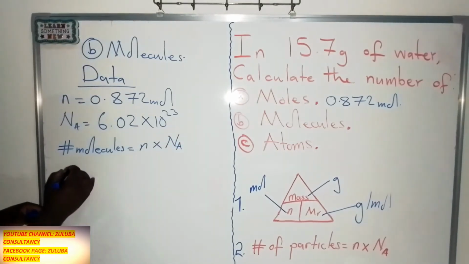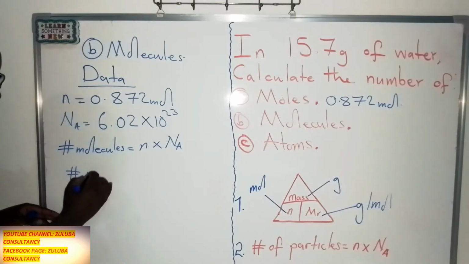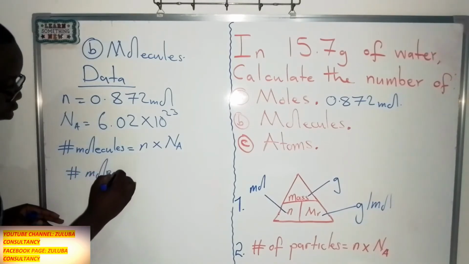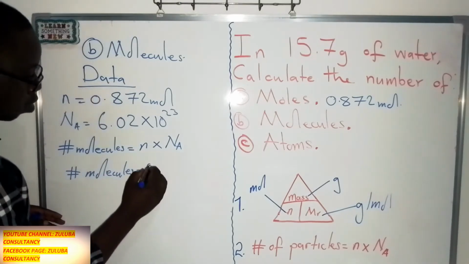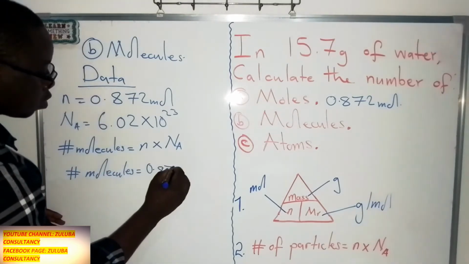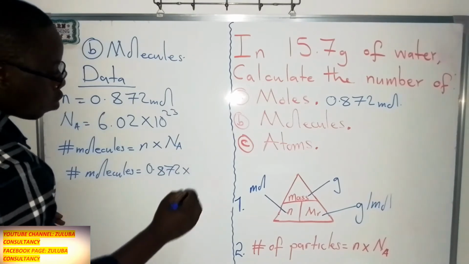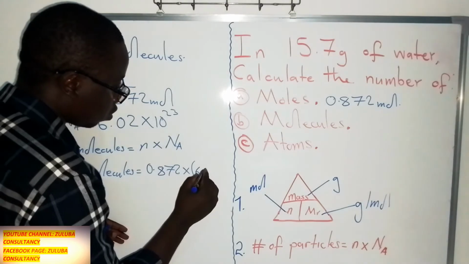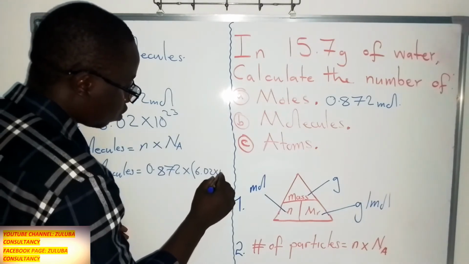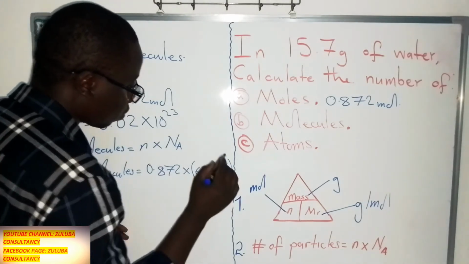So the number of molecules is equal to the number of moles, which is 0.872. We are multiplying this with 6.02 times 10 to the power 23.